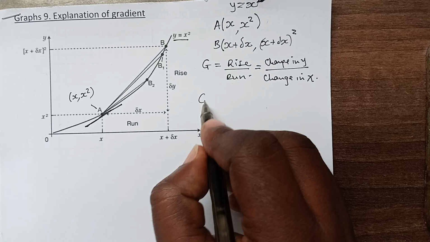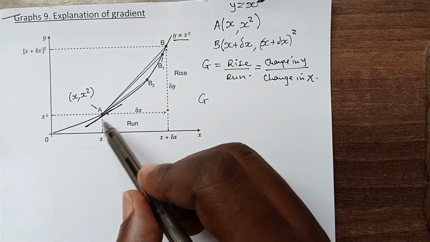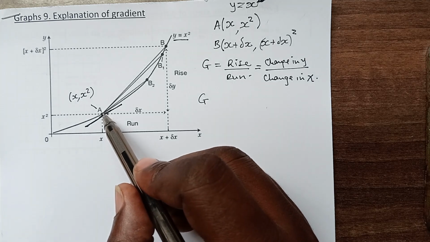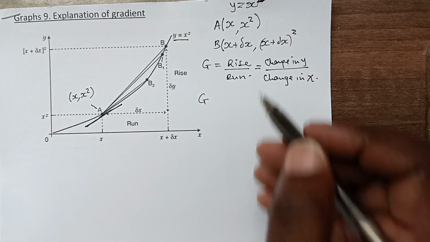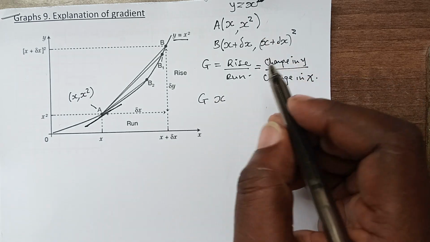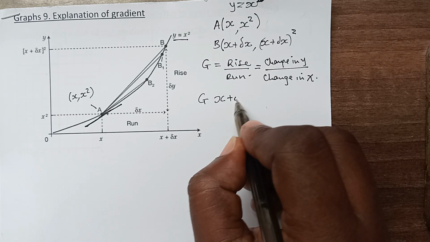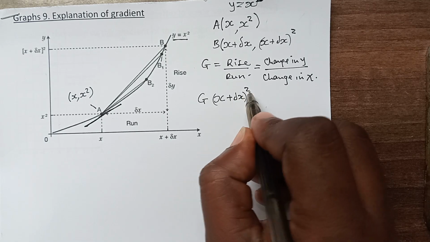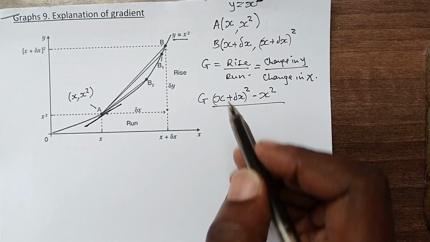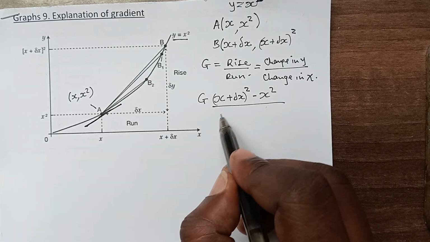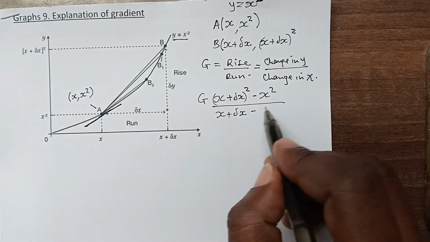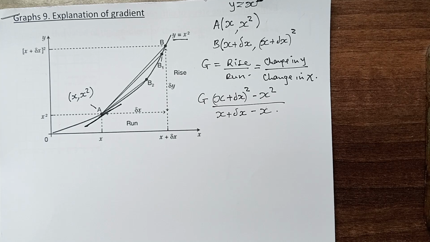So the gradient of the straight line joining A and B, for example the line segment AB, is going to be the difference between the y coordinates, (x plus delta x) squared minus x squared, all over the change in x, which is x plus delta x minus x.